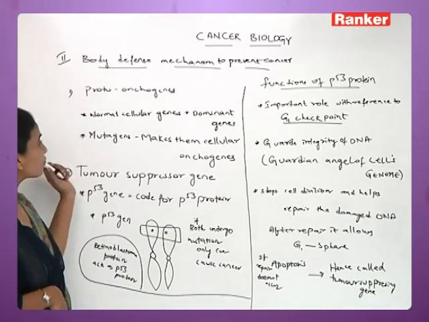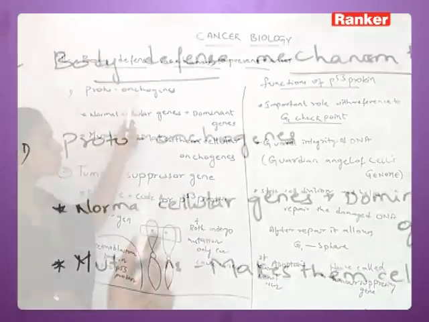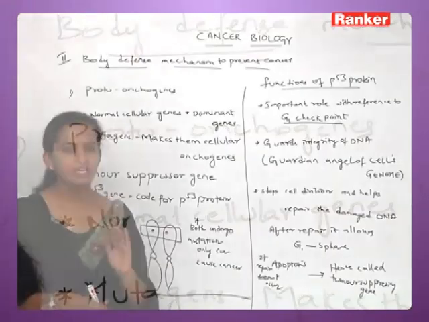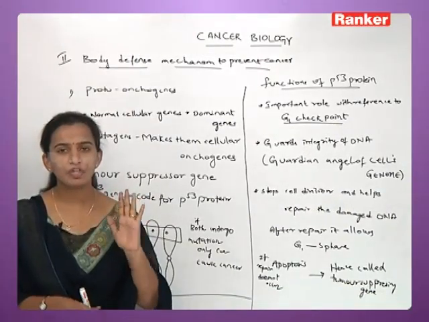Here the first one we are talking about is proto-oncogenes. These proto-oncogenes are present in each and every human being.